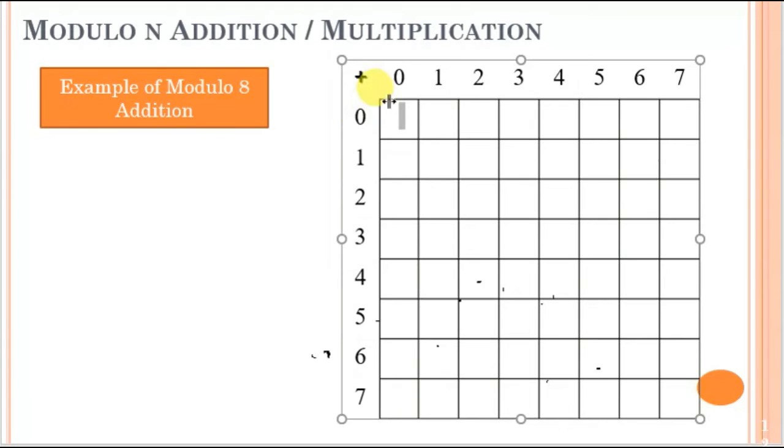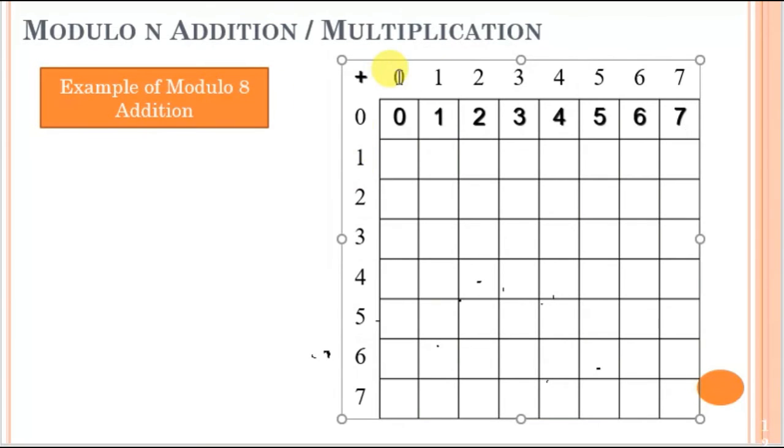How? 0 plus 0 is 0. 0 plus 1 is 1. 0 plus 2 is 2. 0 plus 3 is 3. 4, 5, 6 and 7 similarly.